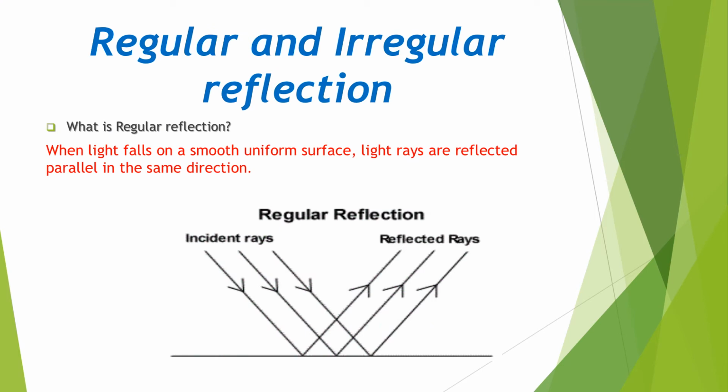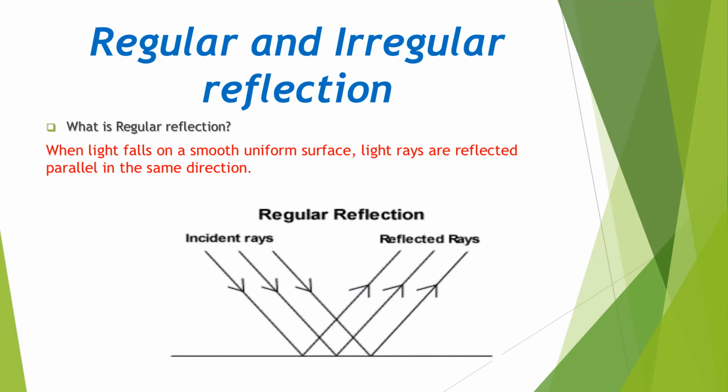When we are learning about reflection, we have to learn about regular reflection and irregular reflection. What is regular reflection? When light falls on a smooth uniform surface, light rays are reflected parallel in the same direction.